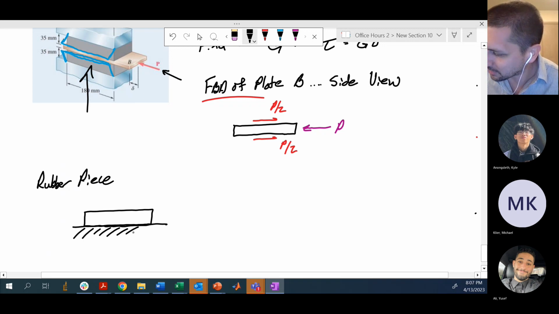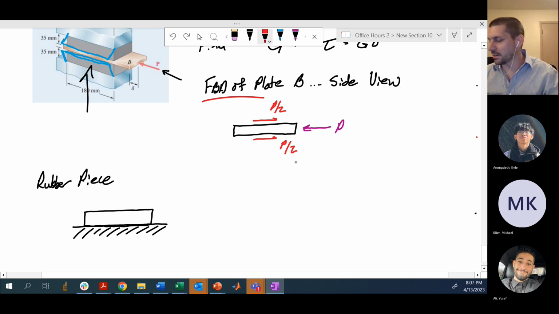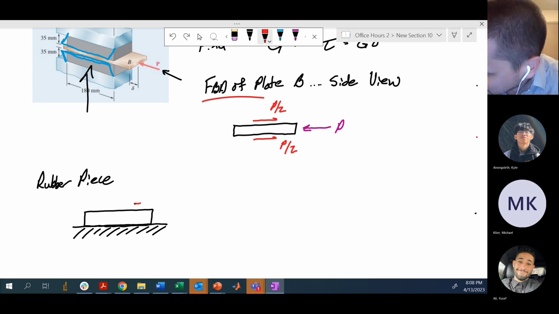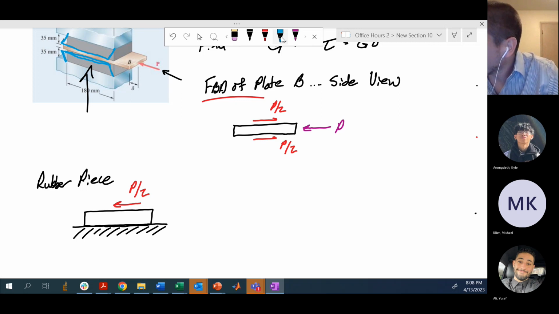The plate is pushing with a value of P, and the rubber is resisting in this direction with P over 2 according to the plate. So the rubber is experiencing equal and opposite forces, P over 2, in this general direction. When it gets pushed at the top with that force of P over 2, it's going to cause this rubber to turn into this rhombus shape.